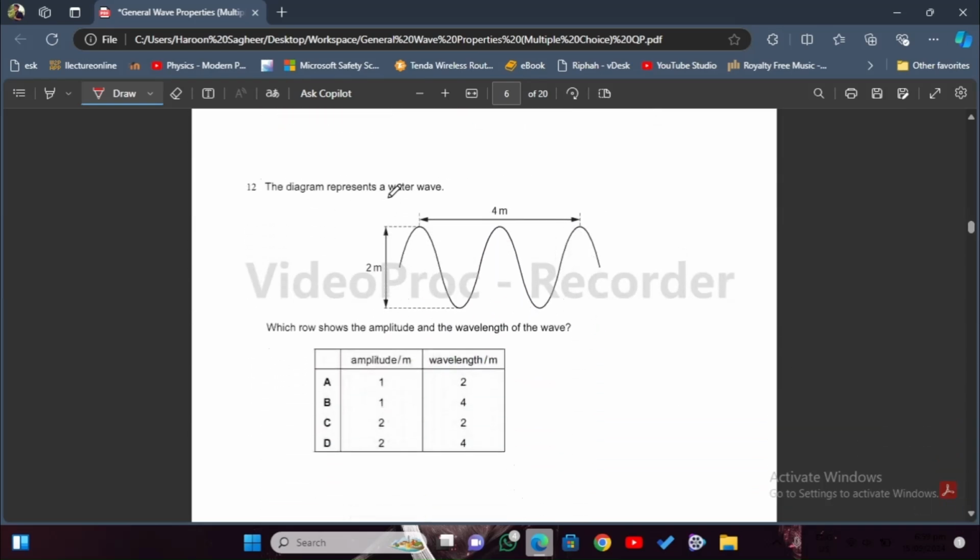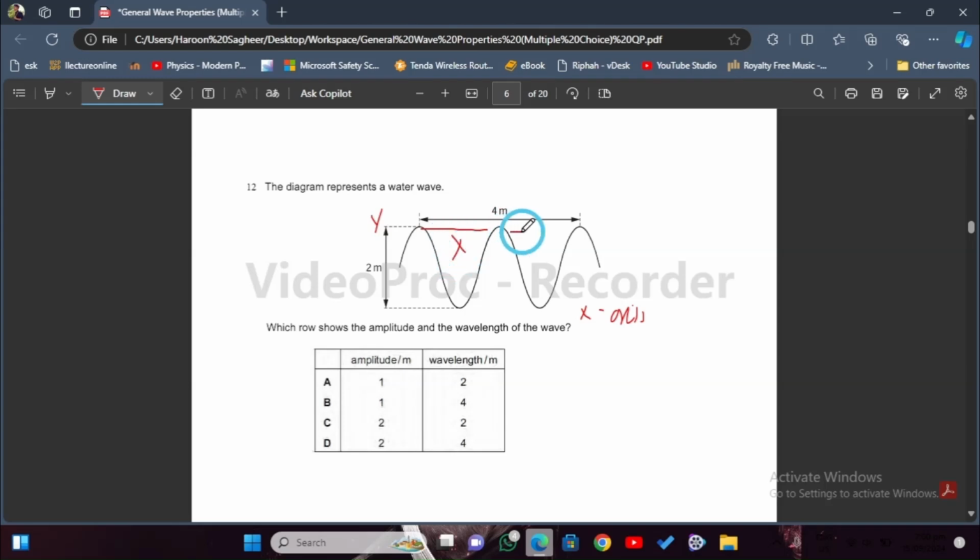Right, this diagram shows a water wave. Here the maximum displacement in the y-axis, this is y-axis if you remember, and this is x-axis. So the maximum displacement in the y direction, that is a maximum displacement or amplitude. So amplitude here is 2 meters, and the wavelength is basically the length between 2 crests.